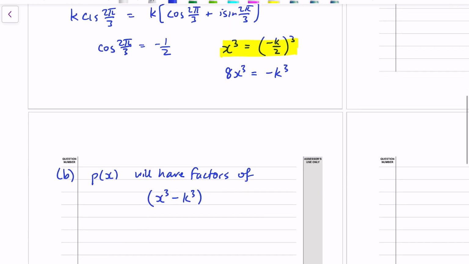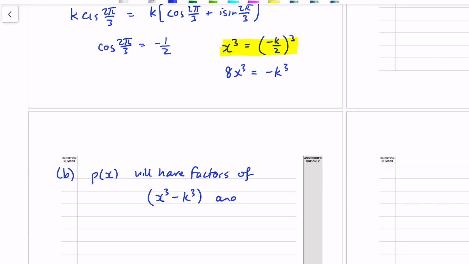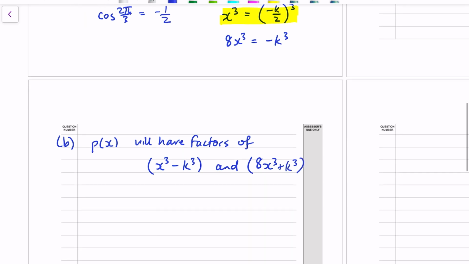And I can put that on the other side as well. Okay, so p of x equals x cubed minus k cubed times 8x cubed plus k cubed. That's a power of 6 equation.